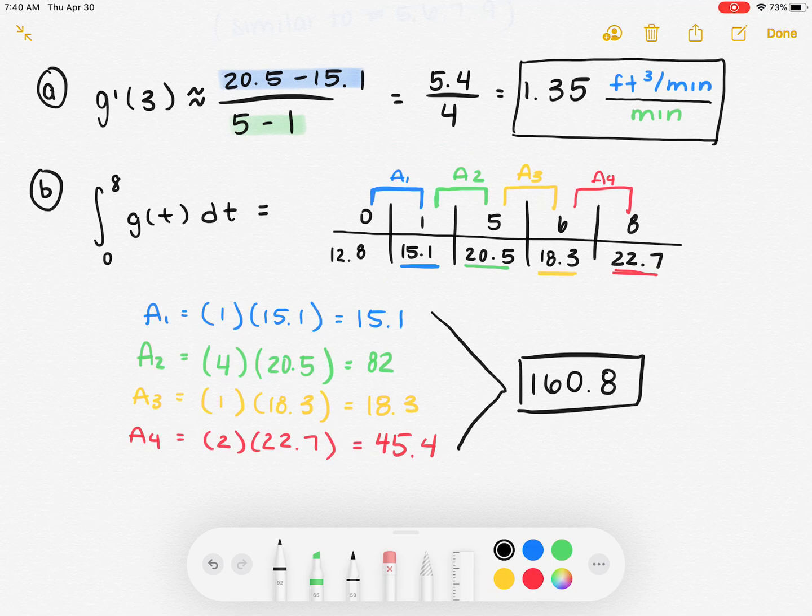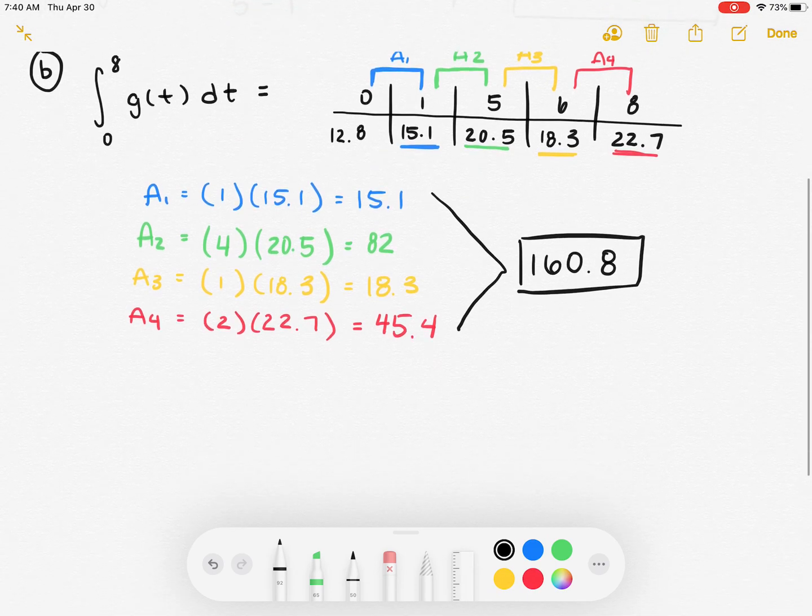Now part C says that the grain in the silo is spoiling at a rate of W of t, and then it gives me an equation for W of t, where W of t is measured in cubic feet per minute from 0 to 8 minutes. Using the results from part B, approximate the amount of unspoiled grain remaining in the silo.